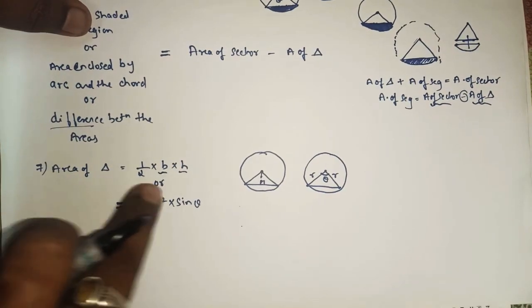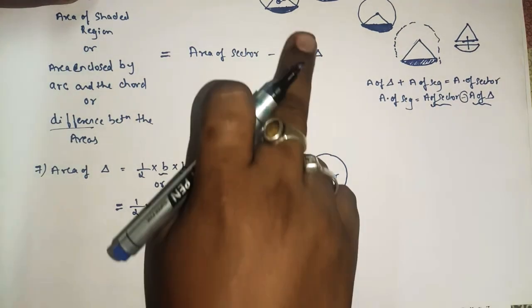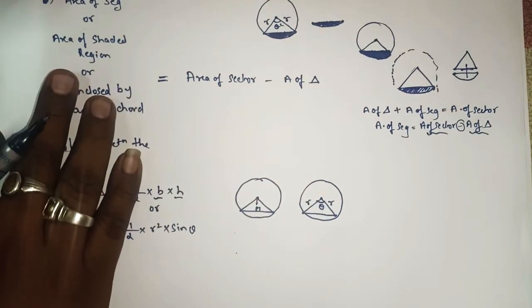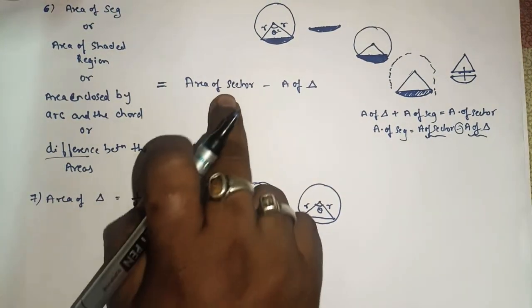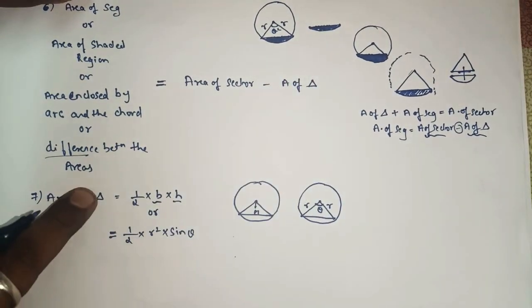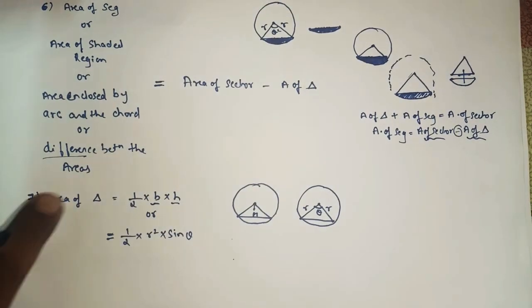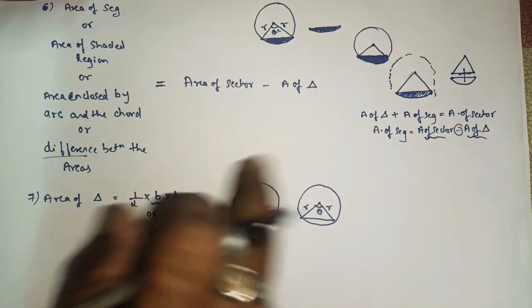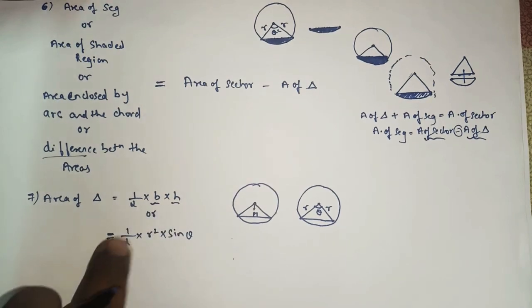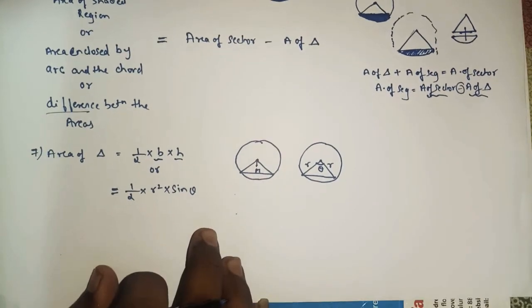Here the formula is half into r square into sine theta. Got the point? So here the formula is area of sector minus area of triangle. For area of triangle, it is half into base into height, or half into r square into sine theta also we can apply. Okay, got the point?